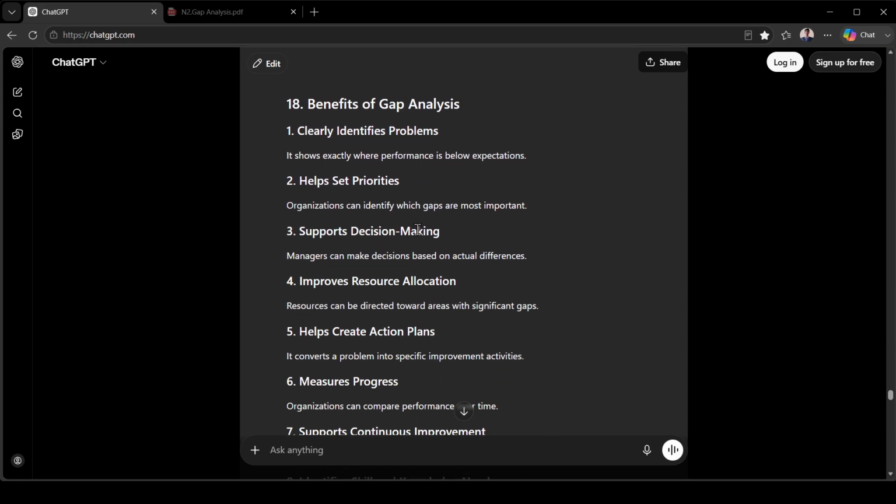The benefits of gap analysis: clearly identify the problems. It shows exactly where performance is below expectation. Helps set priority: organizations can identify which gaps are most important. Supports decision making: managers can make decisions based on the actual difference. Improves resource allocation: resources can be directed towards areas with significant gaps. Helps create action plans: it converts a problem into specific improvement activity.